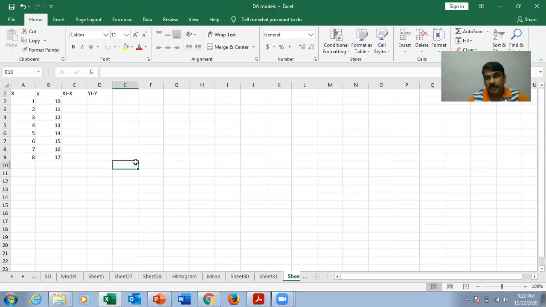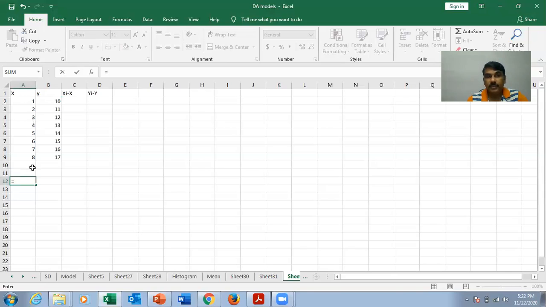So I'm calculating as per the formula. The covariance function we already have in MS Excel, right? First, we're going to calculate the normal way through which we can calculate.